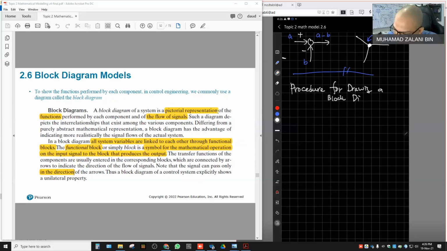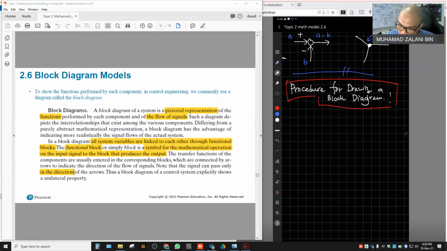When we want to draw a block diagram, we should follow some procedures. So what are the procedures?